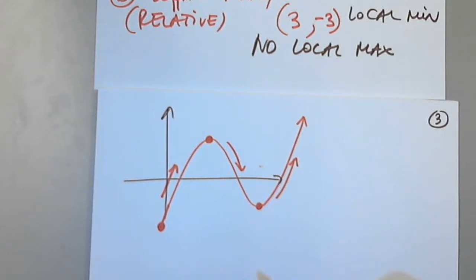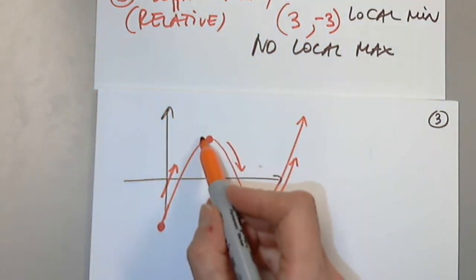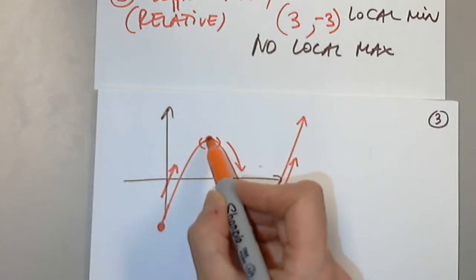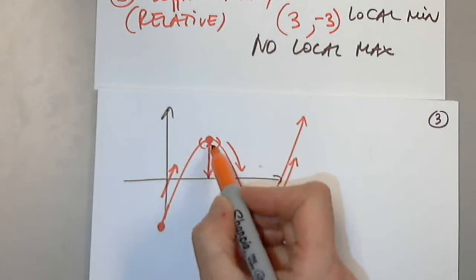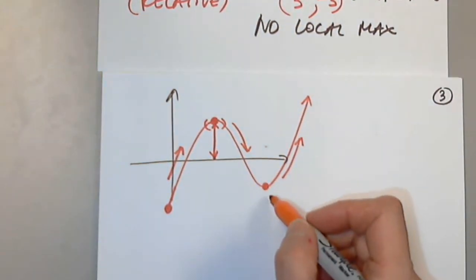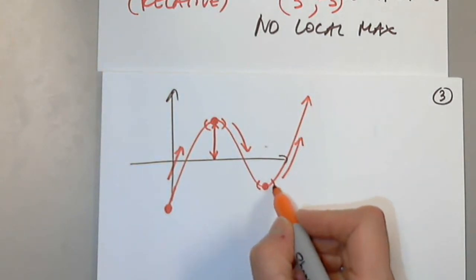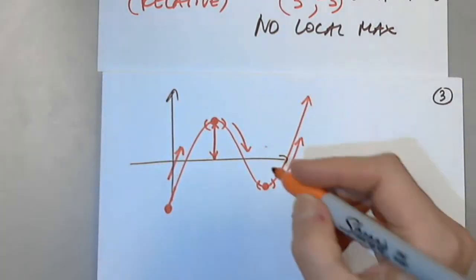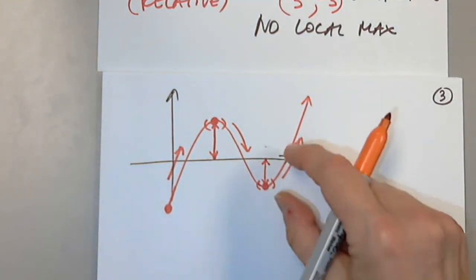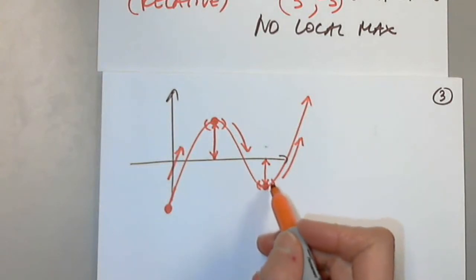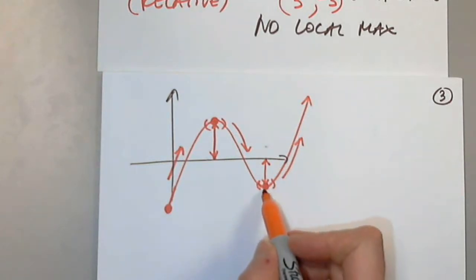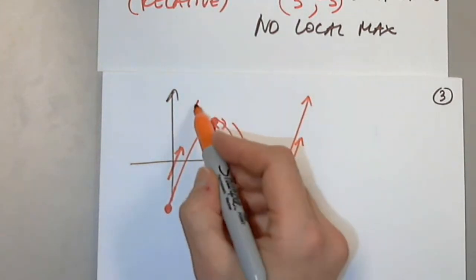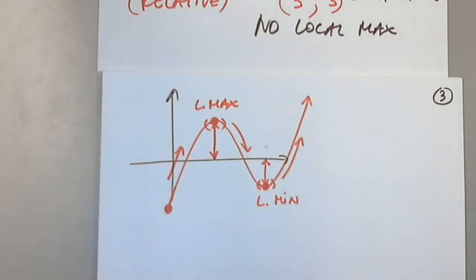Acceptable? Okay, so here this is a local max because I can show an open interval in which all these values are smaller than this height. This is a local minimum because I can show an open interval around it in which all these values are higher than this one. This could be -2 and all the other ones will be -1.9 or -1.8. So this is a local min and this is a local max, or relative min, relative max.